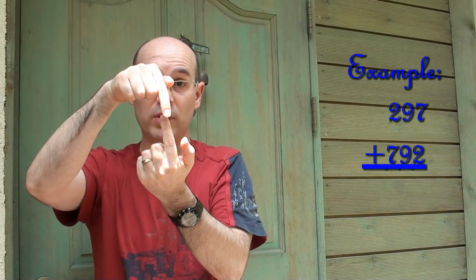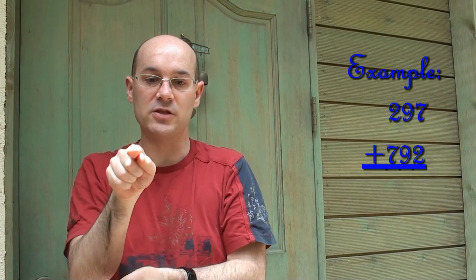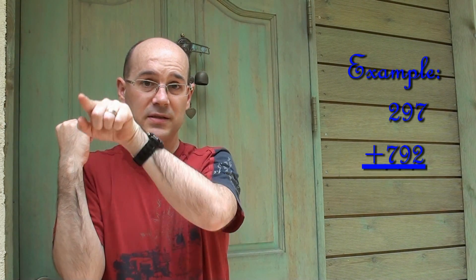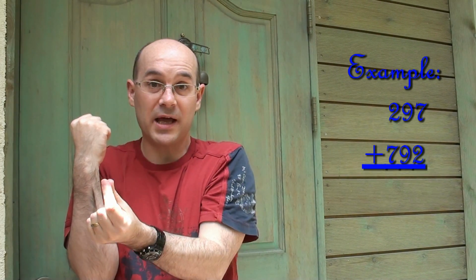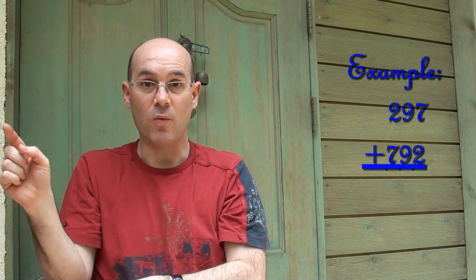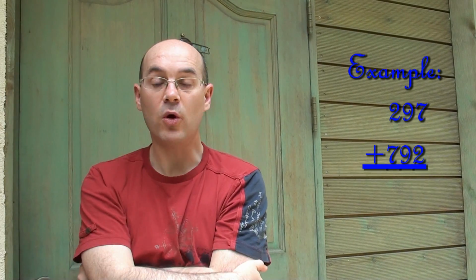So when you add that up, it makes 18. So you have an 8 here, and you keep your 1. Then the last two digits, well, the same. You add them up, and you get 9 plus 1 makes 10. 1, 0, 8, 9, and you always get 1089.